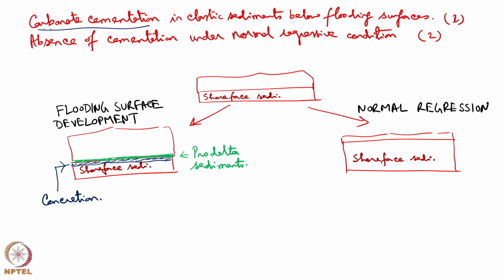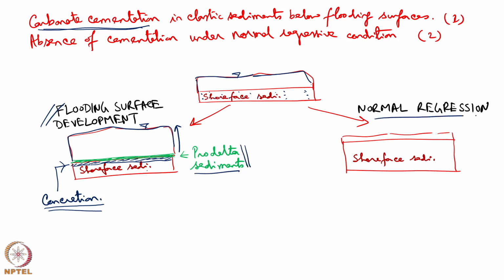Let us understand when carbonate cementation takes place in the sequence stratigraphic framework. Consider clastic sediments to be deposited as over here. Say this is the sea water level. Now consider there is a flooding surface development, which means that the water level has increased. In that case, the final product will be concretions developed above the shoreface sediment, and over that prodelta sediments can be found.